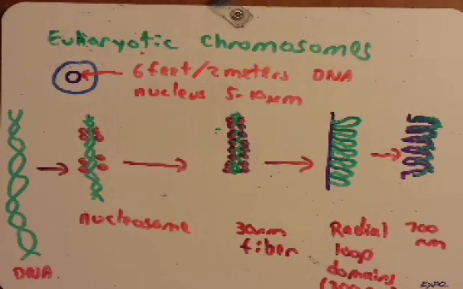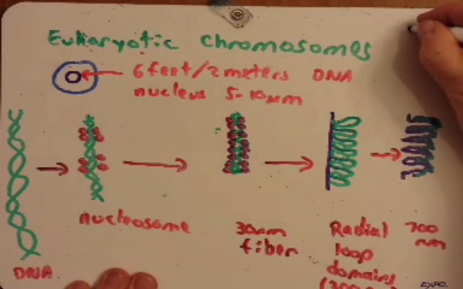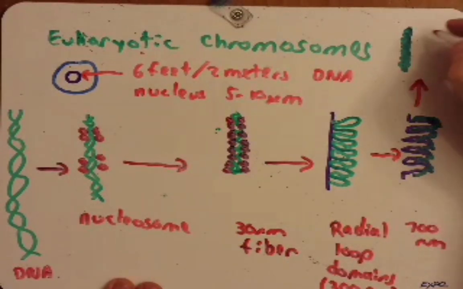It's called the metaphase chromosome, where it's perfectly compacted to the point where what you really see at this point is just, and you can see this under a microscope pretty easily, I'm going to have to draw it up here just for space reasons. It's when that chromosome is now perfectly compacted and ready to be segregated during mitosis or meiosis. So we're going to call this the metaphase form.